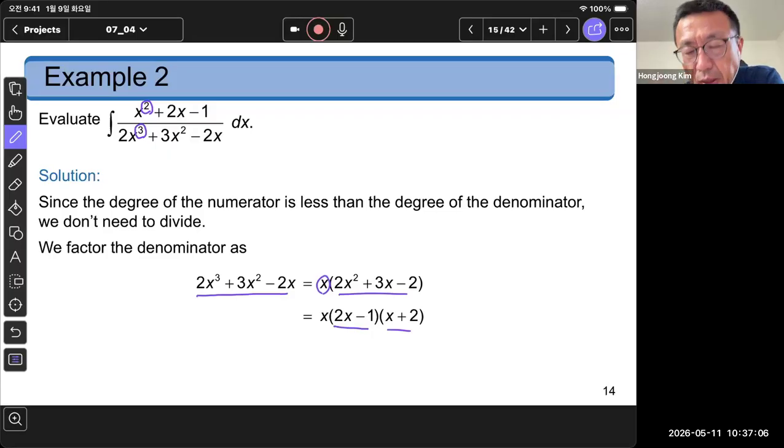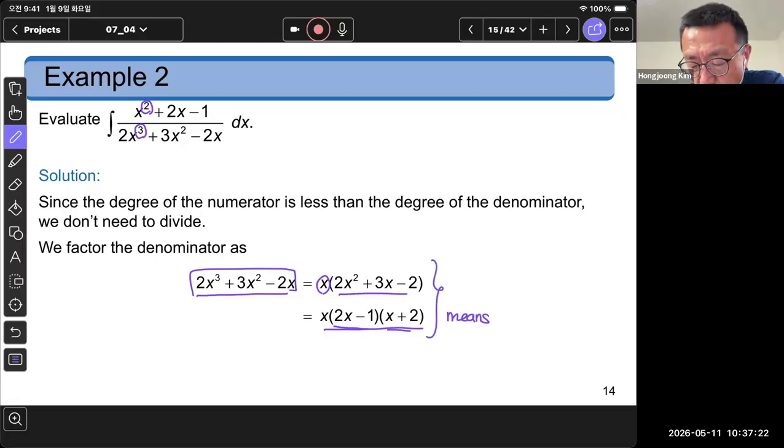This means your denominator is factored into a product of three linear terms.